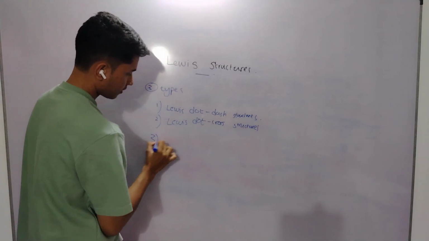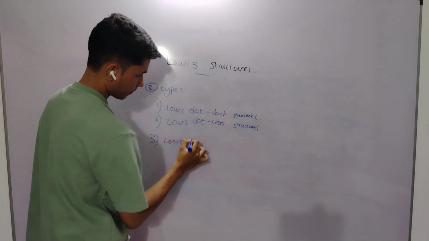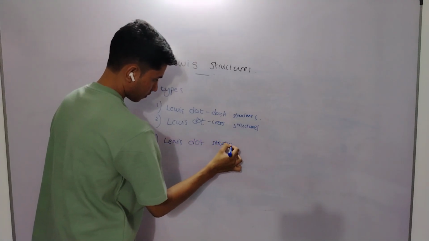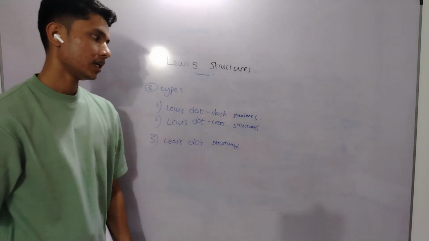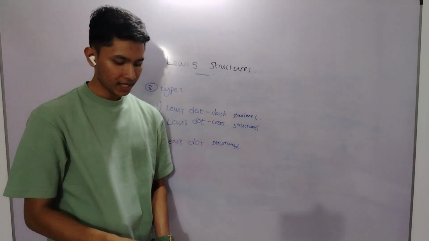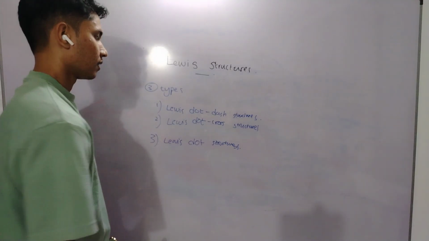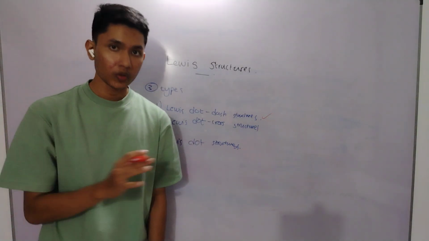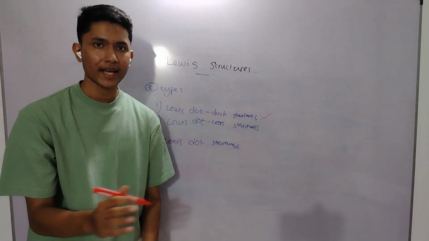The third one is Lewis dot structures. In this unit, we mainly focus on Lewis dot-dash structures.